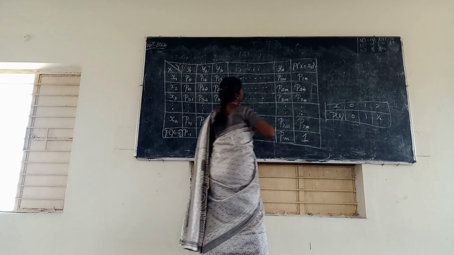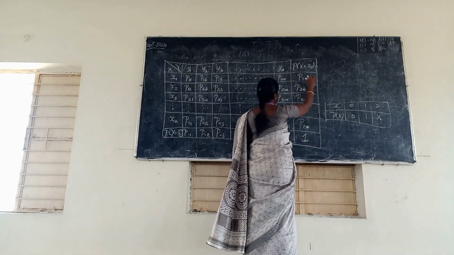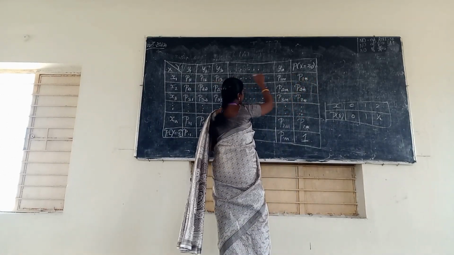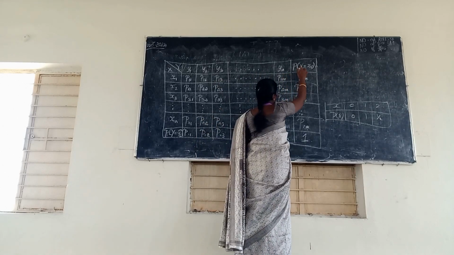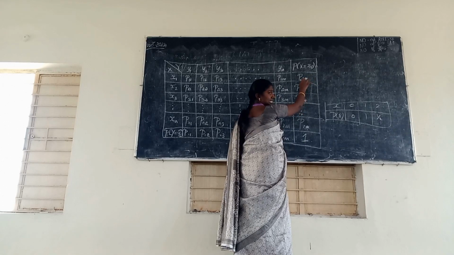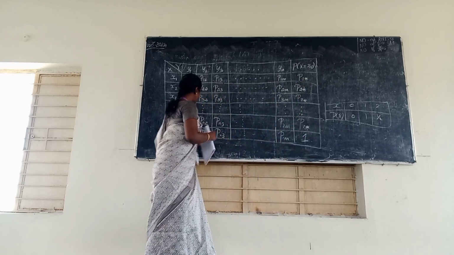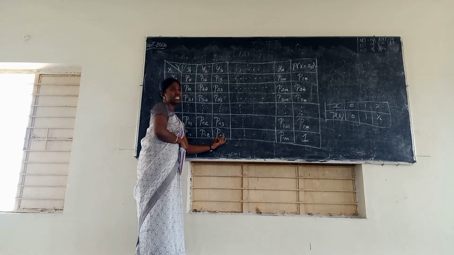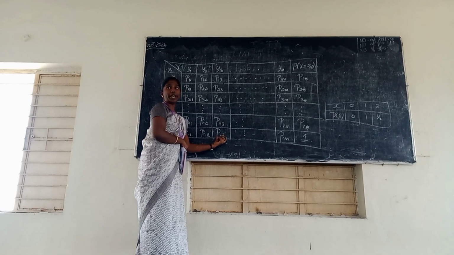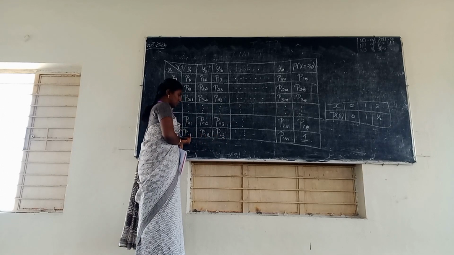So here P of 1 comma star means it is the marginal probability distribution, only for x. And here P of dot 1, dot 2, dot 3 means marginal probability distribution of y. Y only varies 1, 2, 3.